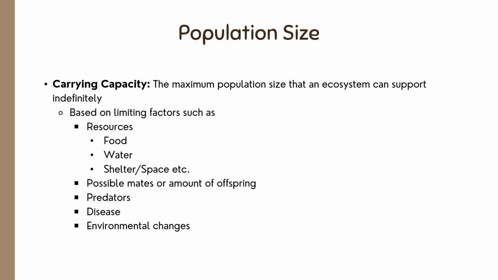All of this can affect the maximum population that an ecosystem can support. For example, if there are more individuals in the population than resources, obviously that population is going to decrease. So we have a maximum level or maximum size of a population that can be supported by the ecosystem.